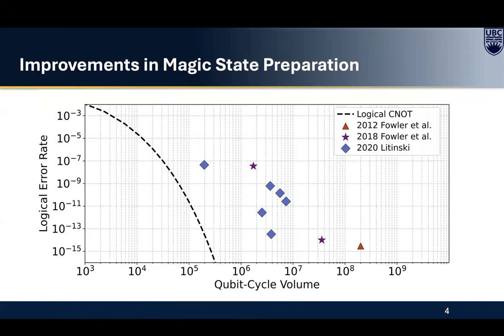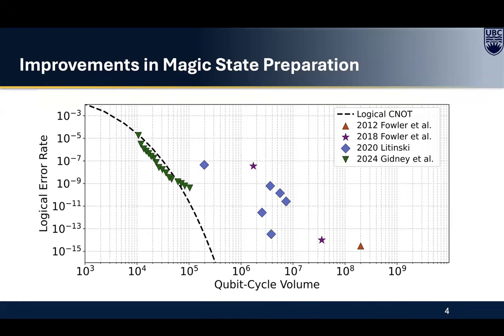bring down the cost of those magic states substantially, but still we're at least an order of magnitude higher in cost than logical CNOTs. But in 2024, Gidney proposed this method called magic state cultivation, which in theory could bring the cost of magic states close to or even below Clifford gates.